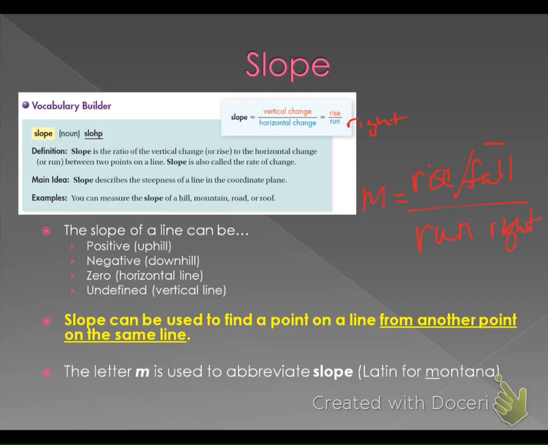This will help locate your next point on the graph. Keep in mind that also when you have a slope of 0, your line will be horizontal. If you have a division by 0, because you cannot divide by 0, it's a vertical line, or in your equation you'll see x is equal to some number. You won't even see a y.